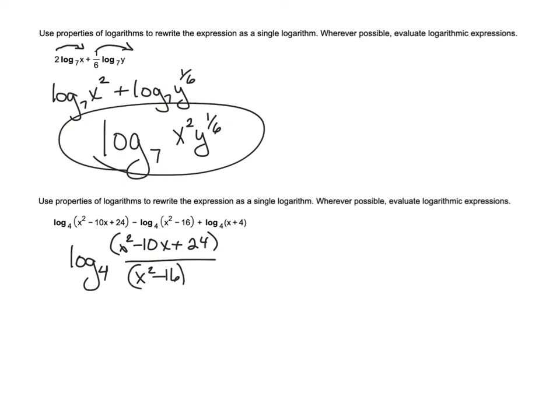So the question here is, what do you do with the plus? Do you multiply on the bottom or on the top? Well, when you're adding, you're going to multiply in the numerator, x plus 4. If I wanted the x plus 4 to be in the denominator, then when I subtracted, I would have had to group it together like that, but it's not grouped together.